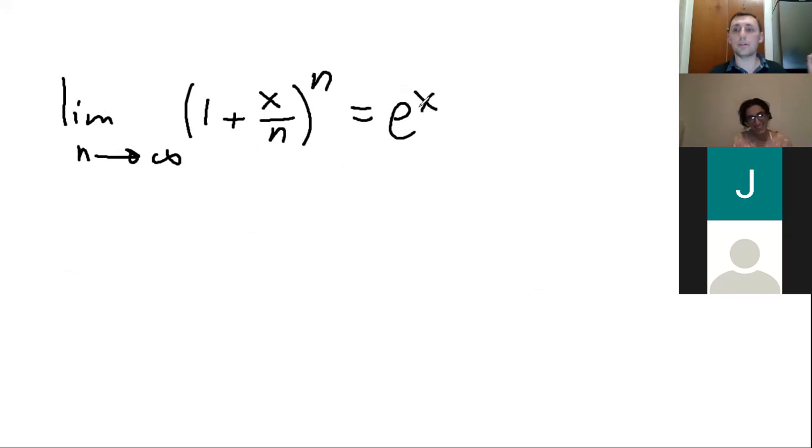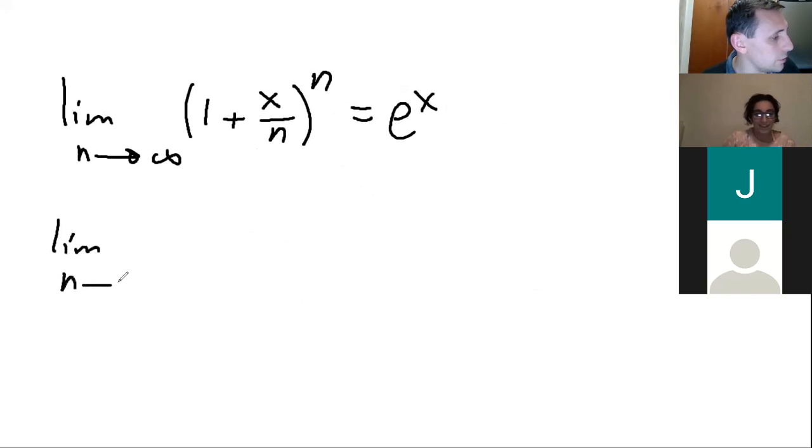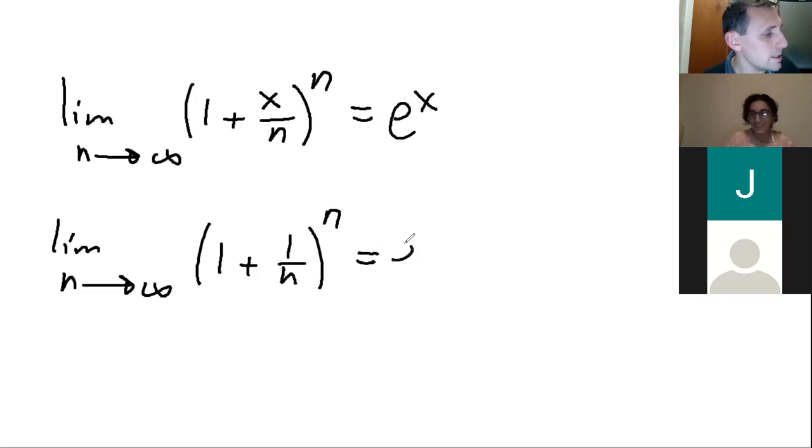How many of you remember it? Now, what it means in particular is that the limit as n goes to infinity of 1 plus 1 over n to the power of n is e to the 1.